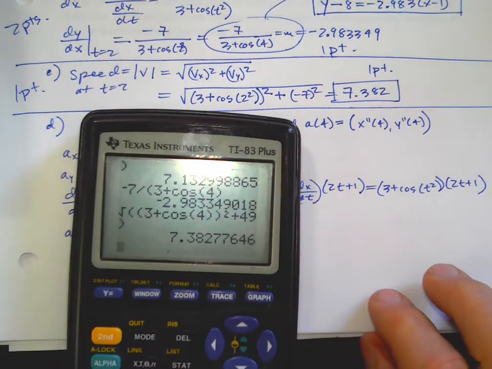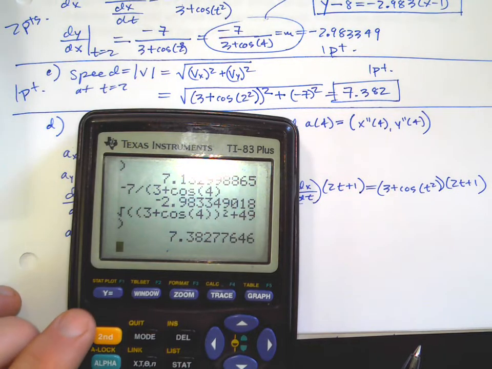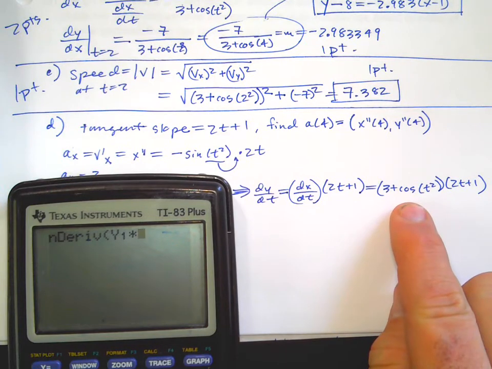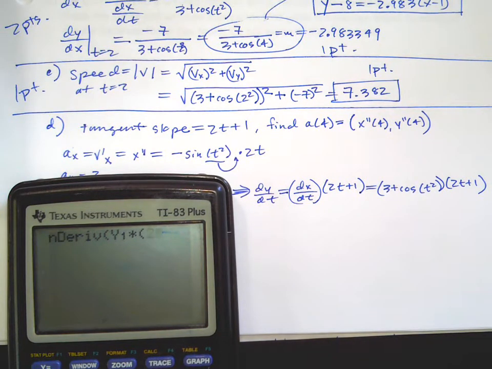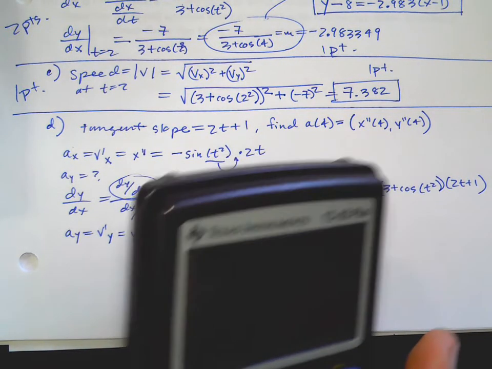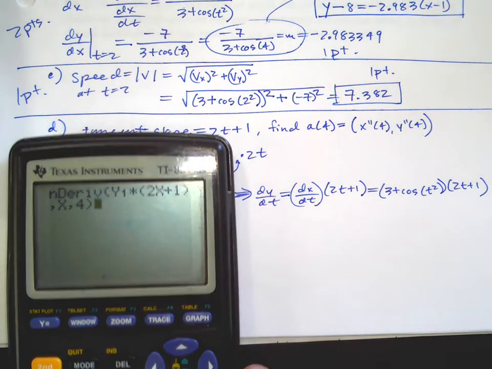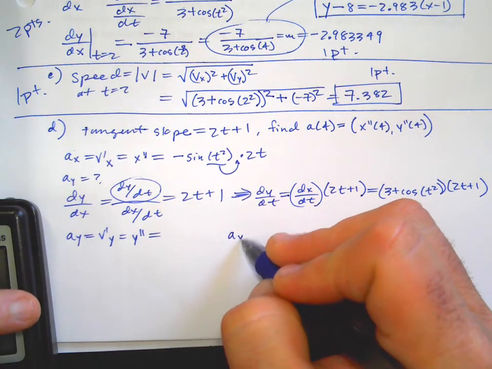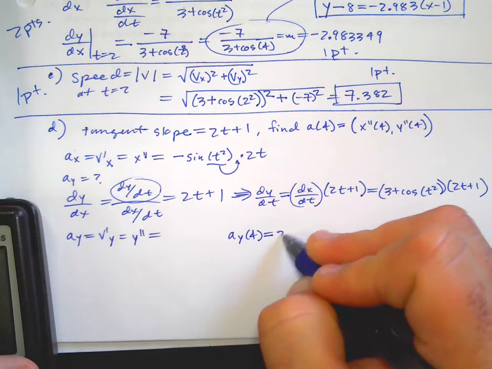So, for the sake of time and not making mistakes, I would say math 8, and we could actually do vars function y1 times, because that's y1 in our equation right now, parentheses 2x plus 1 close comma x comma, we want it at, well, yeah, we're going to want it at 4. So this is acceleration y at time 4. Just jump right to that.